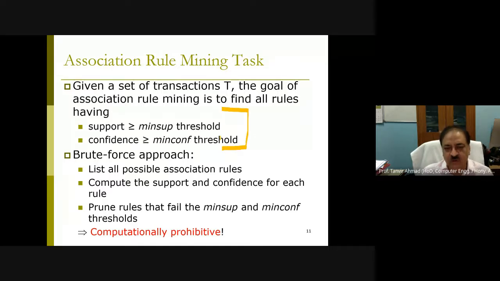This particular concept is fine and it will work perfectly, but it is not easy and almost impossible to do. Why? Because it is computationally very time-consuming and prohibitive. As the number of items keeps on increasing, it becomes impossible to calculate.